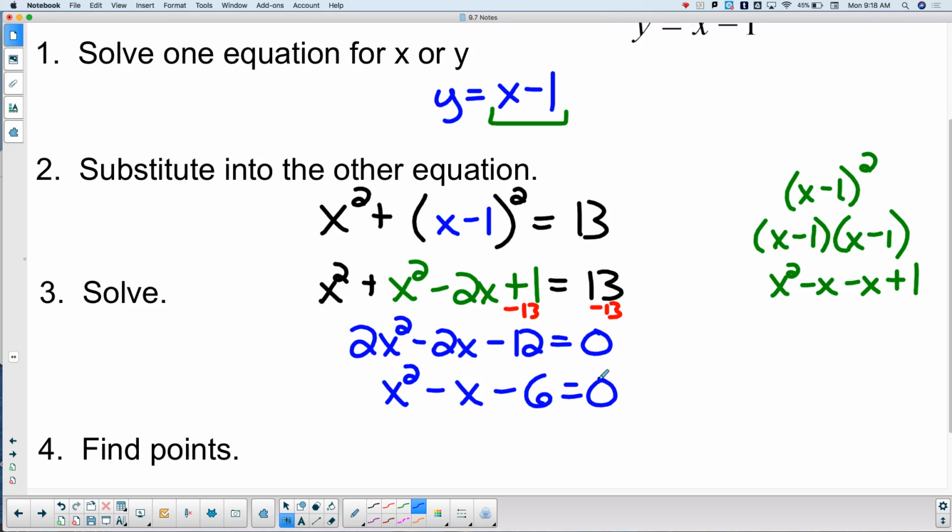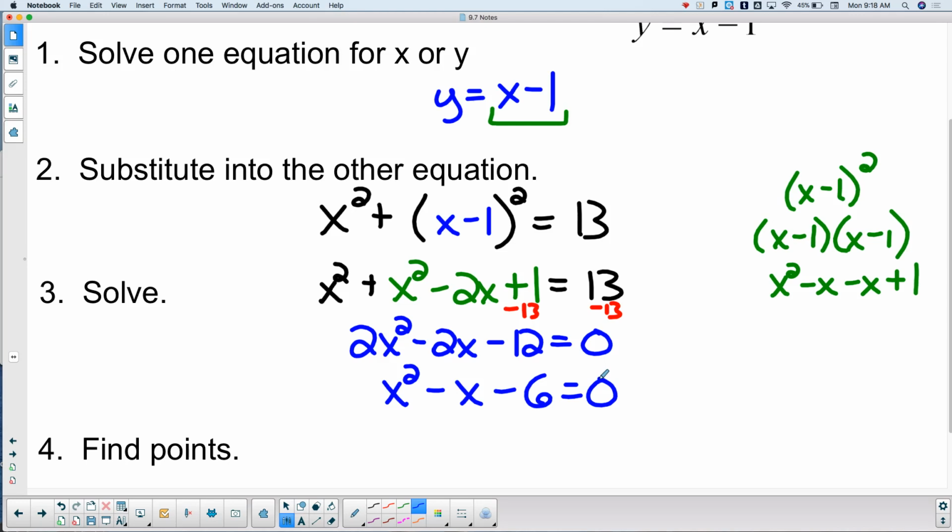How can I solve x squared minus x minus 6 equals 0? What are my choices, Daniel? Factor. Are there two numbers that multiply together to be negative 6 and add to be negative 1?